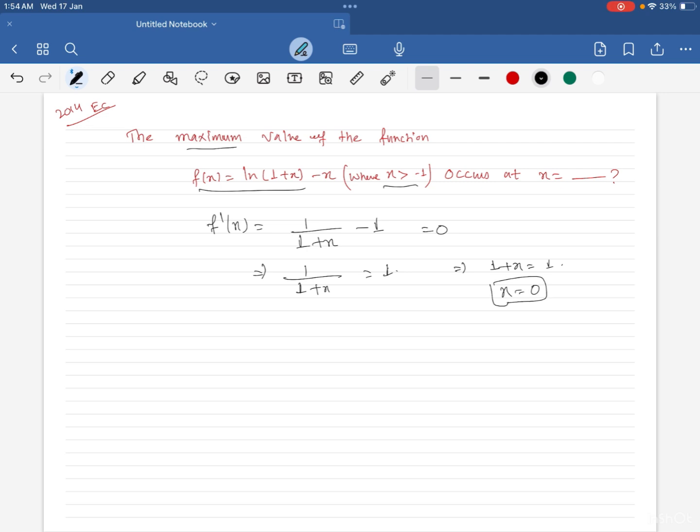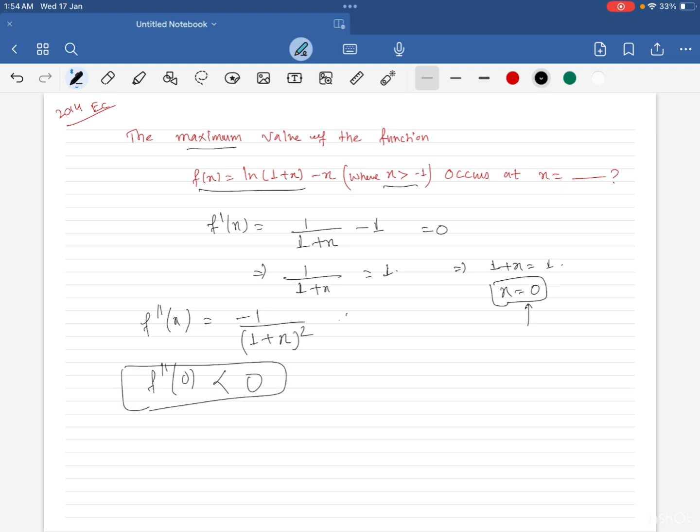That is the stationary point. We can find f double dash x, that would be minus 1 divided by 1 plus x whole square, and minus will be there. If we put x equal to 0, then f double dash 0 will be less than 0.